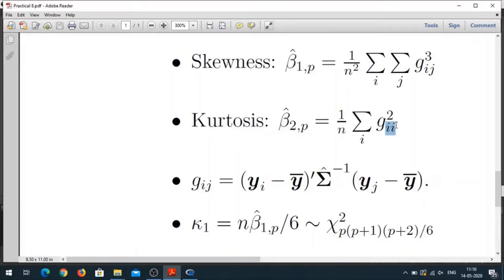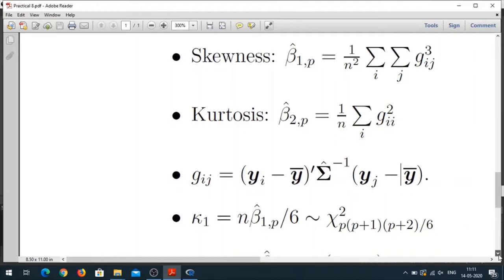I cannot call it y raised to 4 because y is a vector, so raised to 4 is meaningless, but I think you get what I am trying to say. Y is occurring kind of like 4 times, hence it becomes something similar to kurtosis, and we are again taking the average. Now because I am considering only Gii's, I have only n quantities, not n square, so beta 2 hat is the average of this.